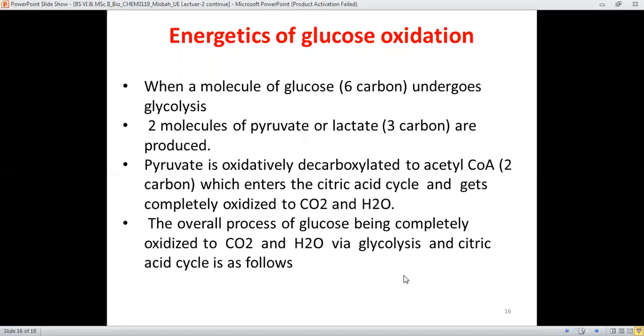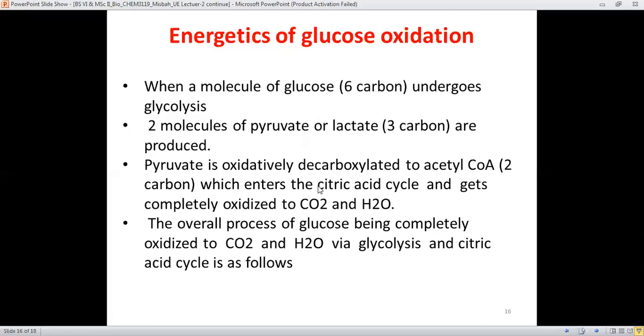When glucose is converted into pyruvate, this 6 carbon molecule yields 3 carbon containing molecules, and therefore it must give 2 molecules of pyruvate or lactate, depending on the condition, whether aerobic or anaerobic for the lactate.